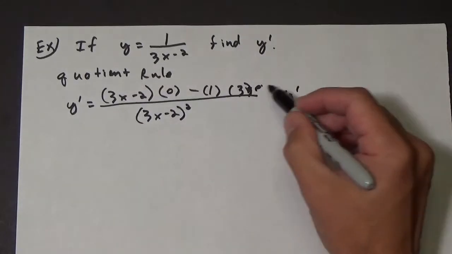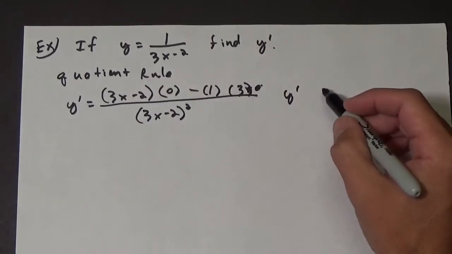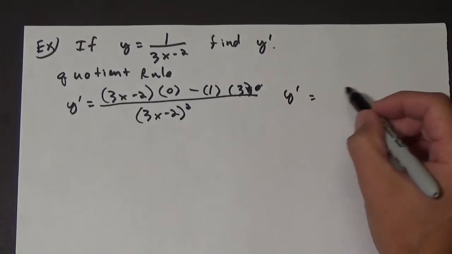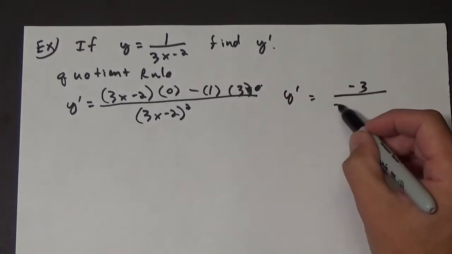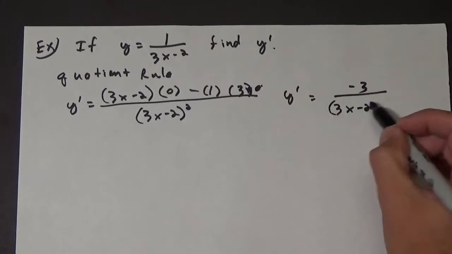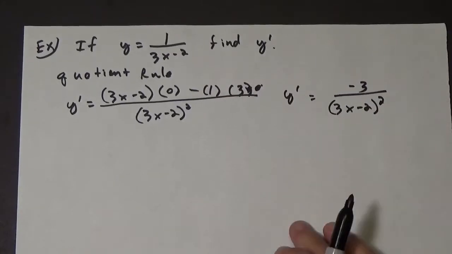So that means y prime is going to be negative 3 all over 3x minus 2 squared.